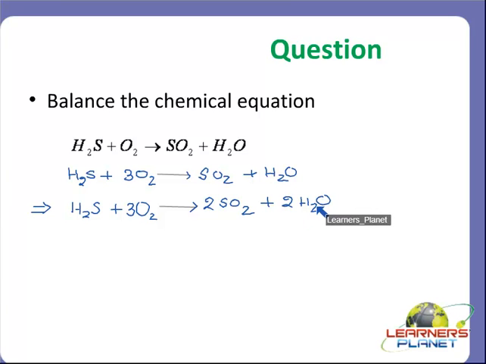This is 4 oxygen on one part and 2 on the other, so in RHS there are 6, and on your LHS it is also 6.